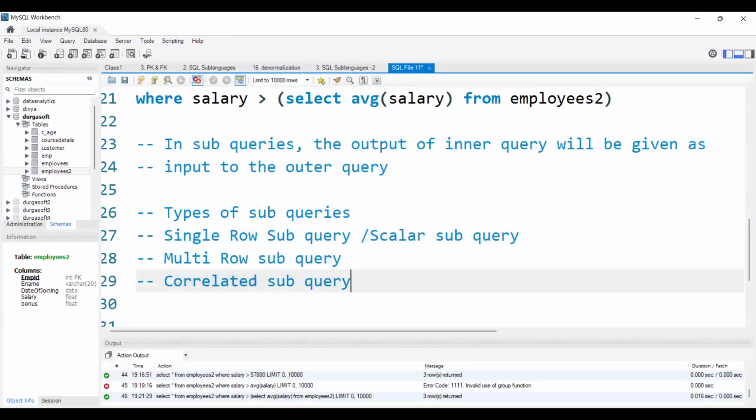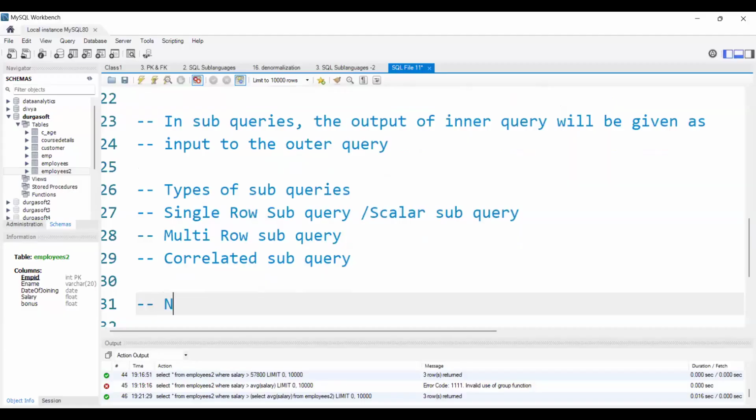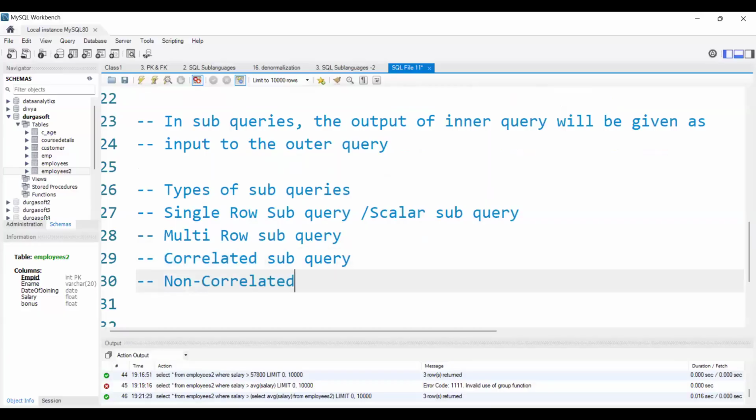Again, let's discuss each of these subqueries with examples. But you may also hear that we have something called non-correlated subqueries. So what is a non-correlated subquery?